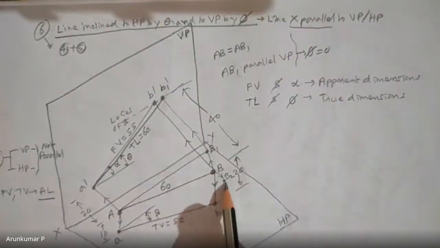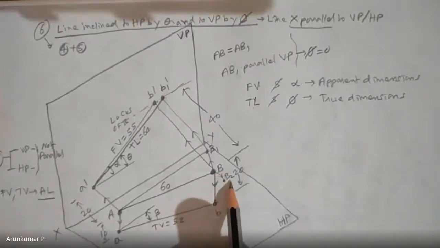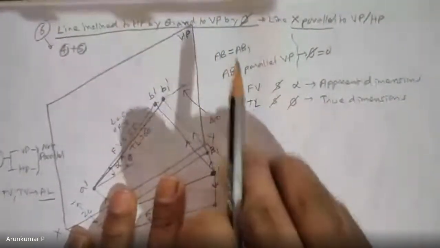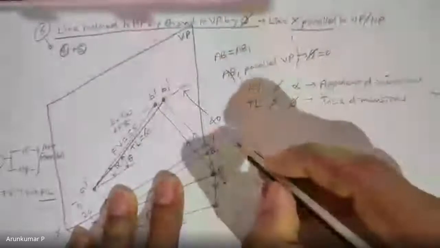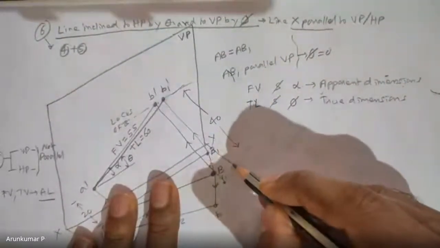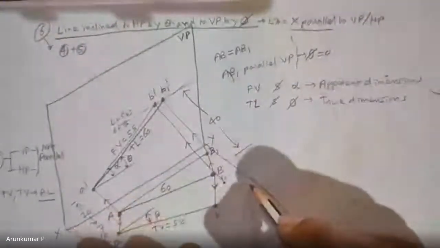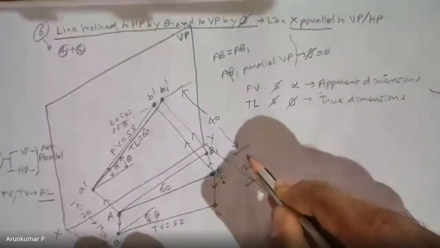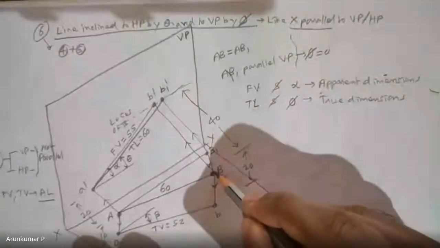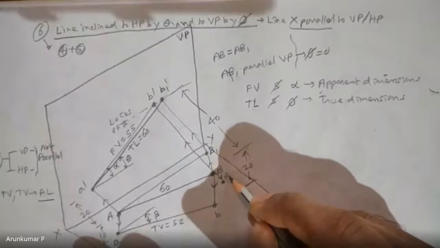It's a very small rotation, but I have rotated and brought, I think I'll take this away so that I can draw it correctly. So I have rotated and I have brought it to a new position, B2.